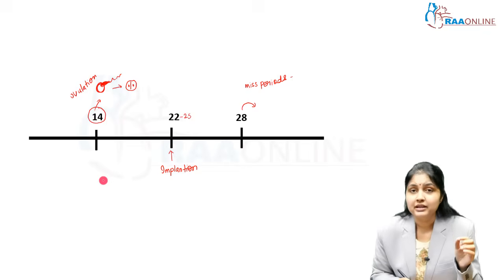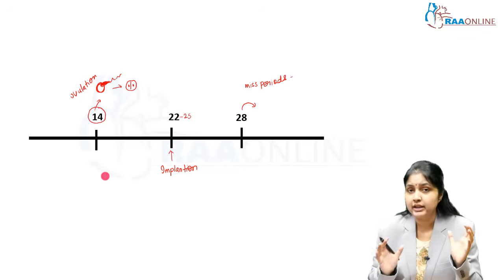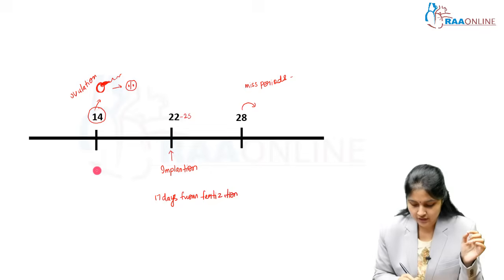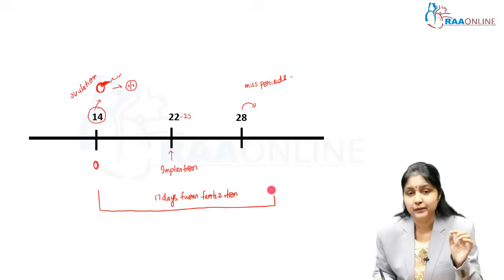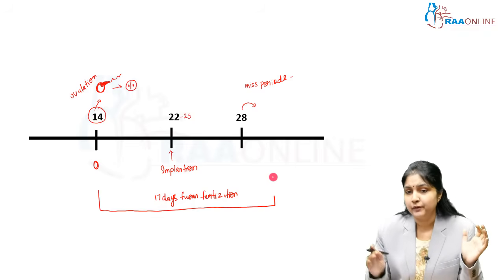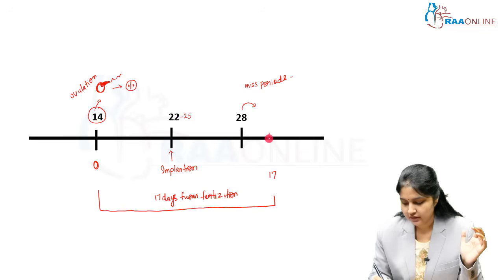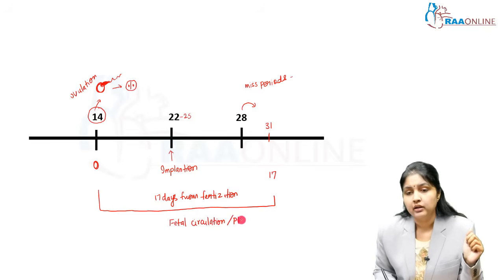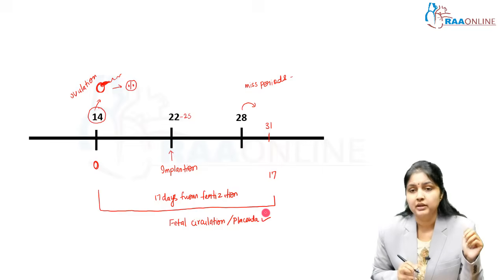In fact, the entire placental circulation, the earliest form of fetal circulation, is established as early as 17 days from fertilization. Let's take the date of fertilization as day 0. The 17th day would be around the 31st or 32nd day from your LMP. In this time the fetal circulation along with the placenta is formed in its primary form.